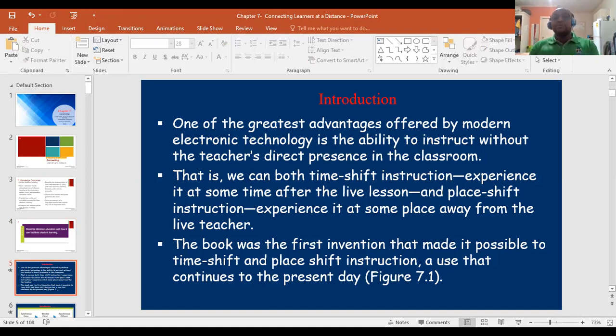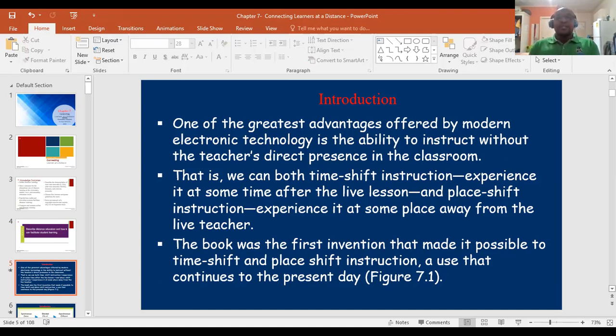Now, we need to state from the onset that one of the greatest advantages offered by much of what we see in modern electronic technology is simply the ability to interact without the teacher's direct presence in a classroom situation. Like I mentioned earlier on, you are out there miles and miles away from me, but we are able to coordinate. We are able to interact one with the other, right?